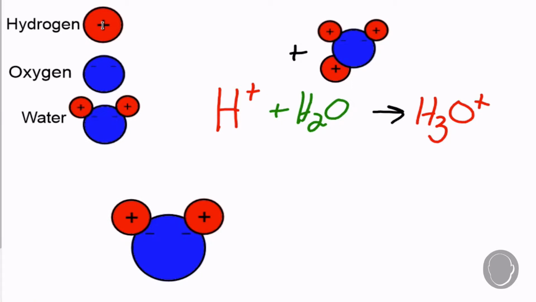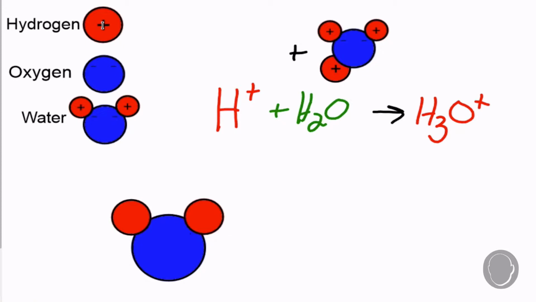No, I'm kidding. But we end up getting this negative and this negative balanced out by this positive and this positive, and that's why water does not have a charge at all. It's not an ion, it's a molecule. So we end up with a water molecule that is made up of 2 hydrogens and 1 oxygen.